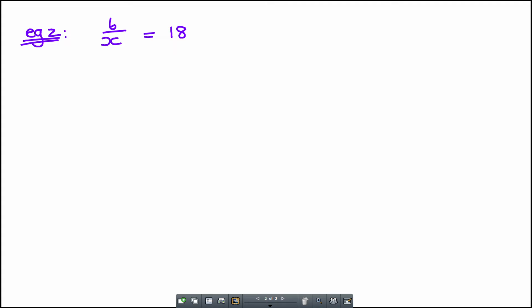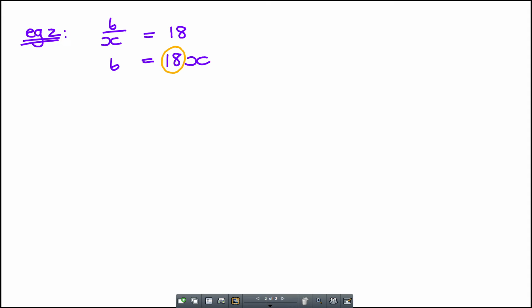Okay, you guys done? So the left-hand side is actually 6 divided by x. So if I take that divided by x over, it will become times x, and then I will have 6 is equal to 18x. Now you could leave it like that. I want 18x is equal to 6. And then I want to get rid of that coefficient.